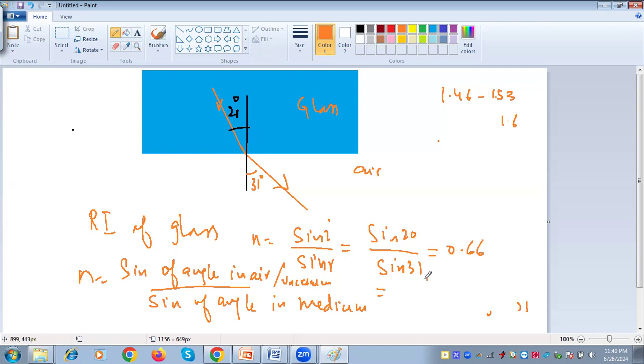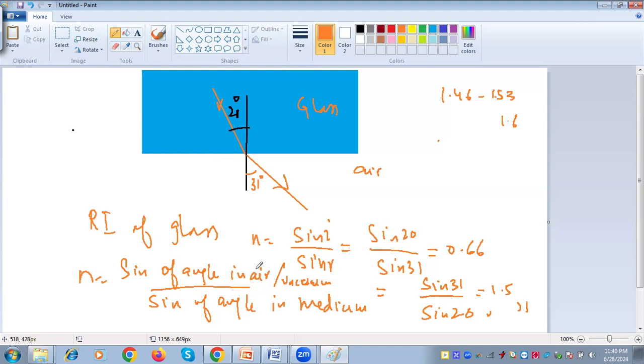So the angle in air is 31. Sine 31 divided by sine 20. Now let us check what comes. Sine 31 divided by sine 20. It's coming 1.5. Okay, so this is giving us the right answer, right?